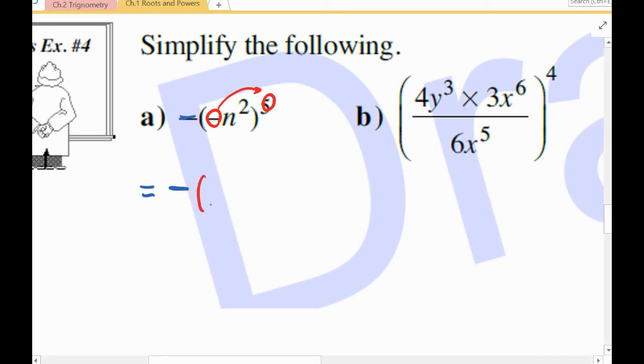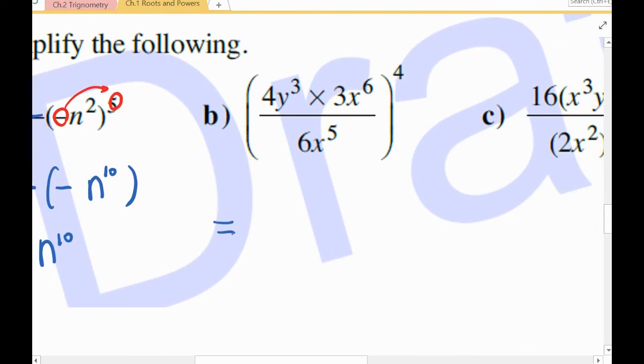Is it negative or positive? Negative. And n to the power of 2 to the power of 5. 2 times 5 is 10. So that is negative, negative, n to the power of 10. Negative and negative becomes positive, n to the power of 10. Positive n to the power of 10.